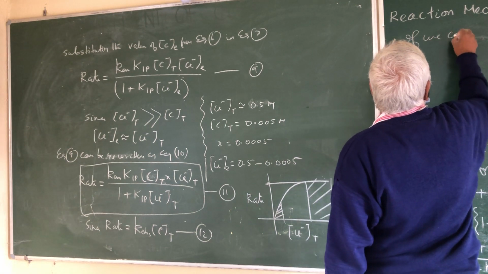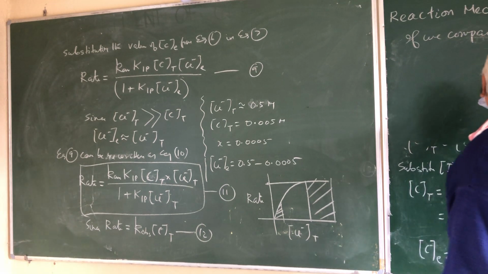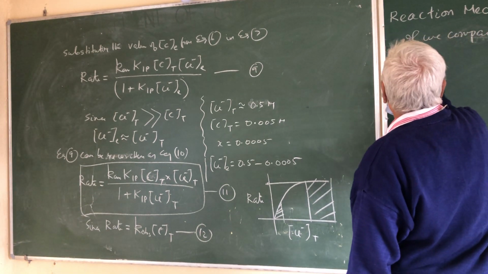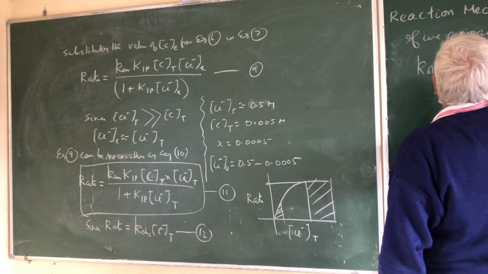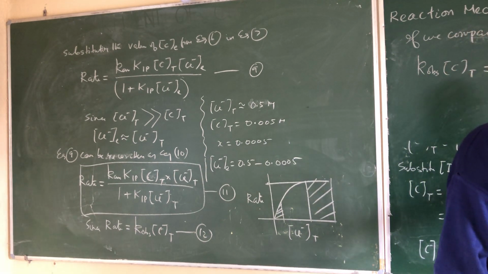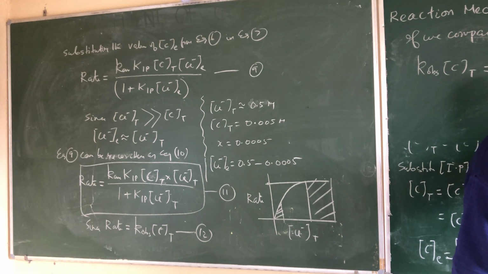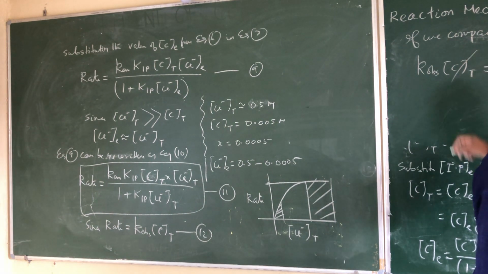If we compare equation 11 and equation 12, what you get? K observed into complex total is equal to K Anderson Ki into complex total into chloride total by 1 plus Ki into chloride total. So complex total cancels.